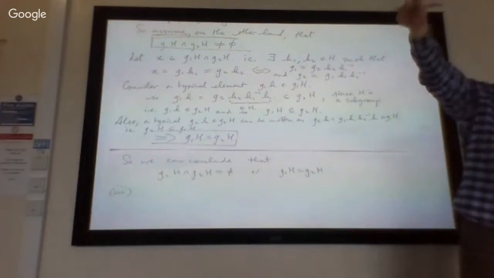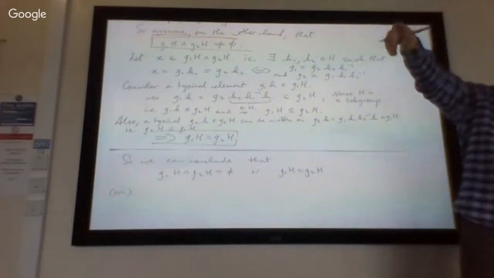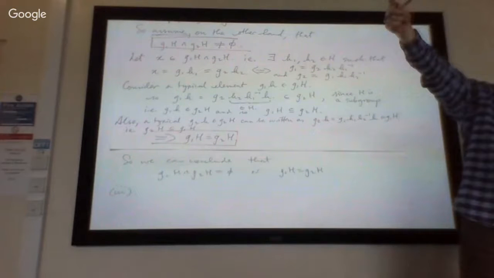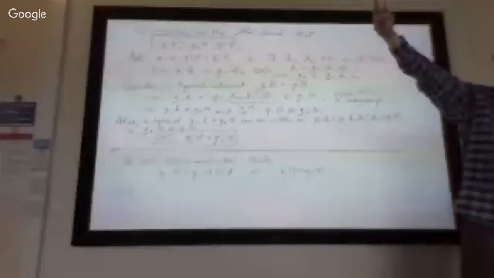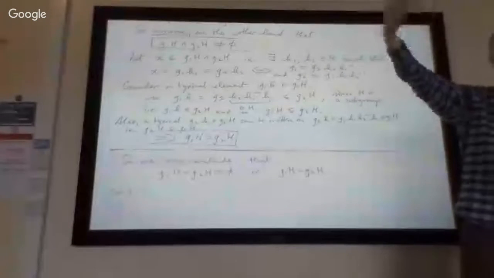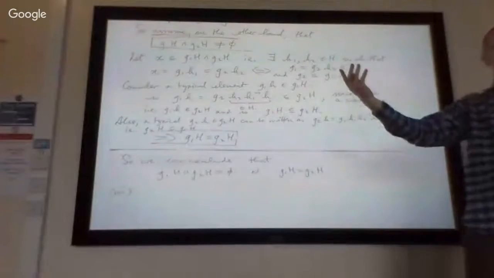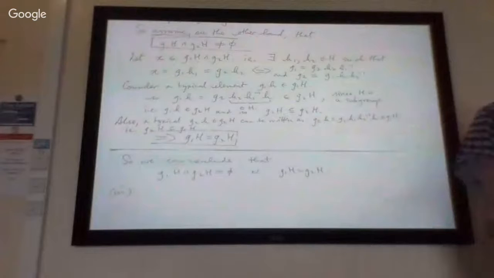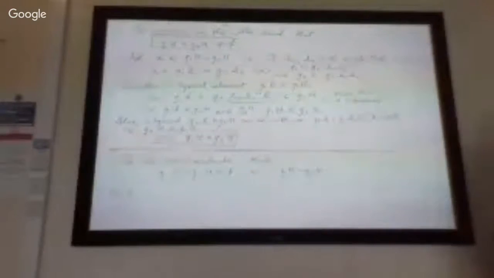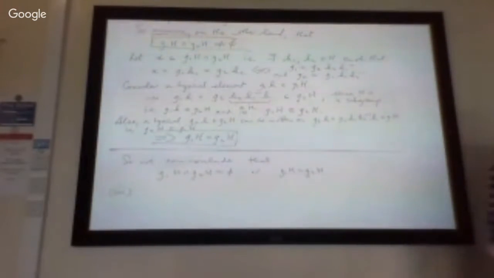Well, if we know that they all contain the same number of elements, and one of them is H itself, then the total number of things in G is just the number of cells times the number of elements in H. So therefore, H divides the order. That's the argument of the proof. Well, we need to know that they all have the same number of elements.